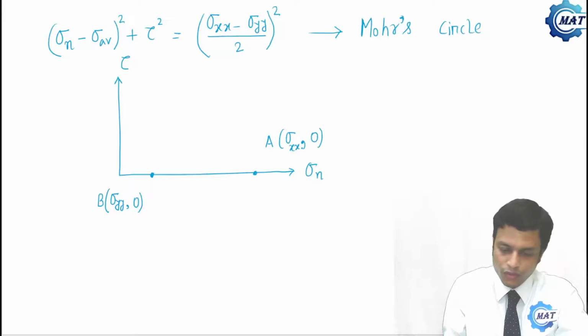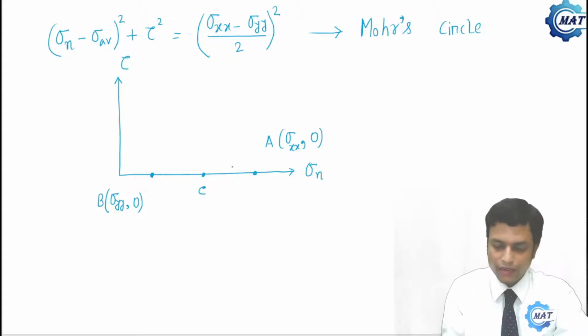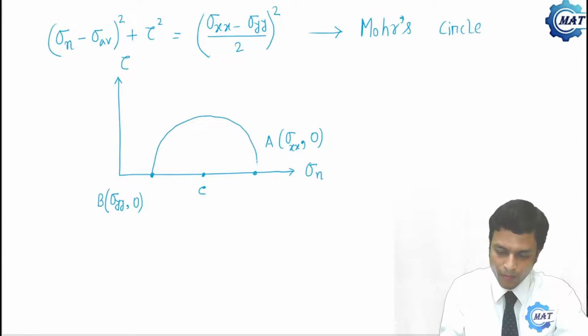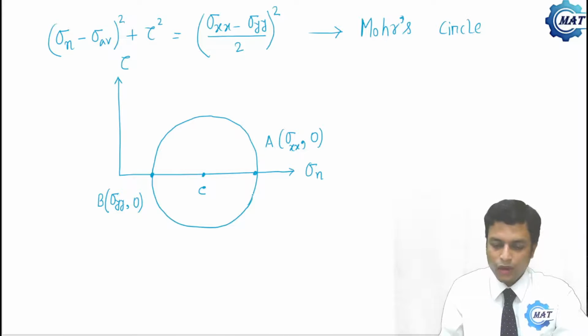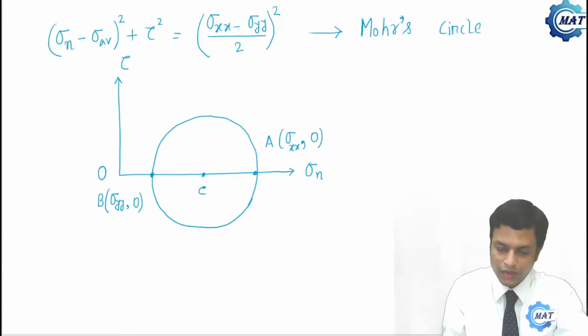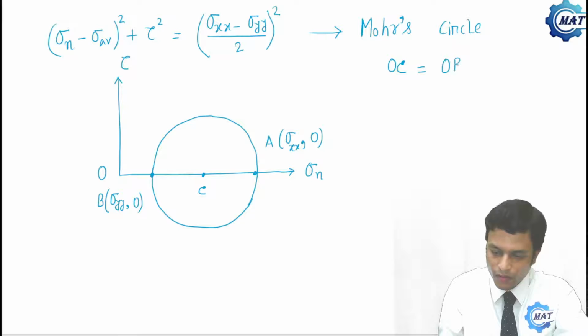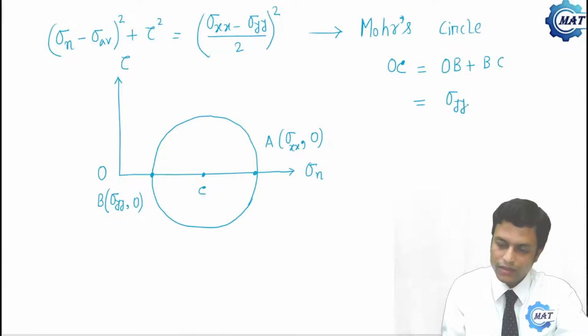Now what to do? Say the midpoint of AB is C. Taking C as center, if we draw a circle with CA as radius, the circle will be like this, and this is nothing but the Mohr circle. Say this is point O. What is the center of the Mohr circle? The coordinate of the center is OC. So OC is OB plus BC. OB is sigma YY.